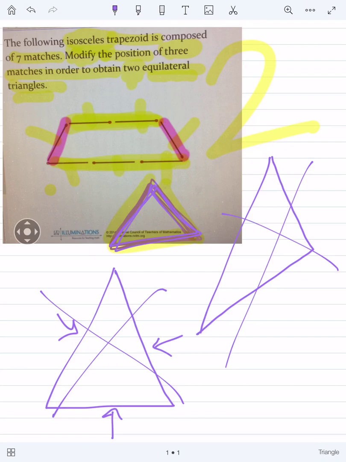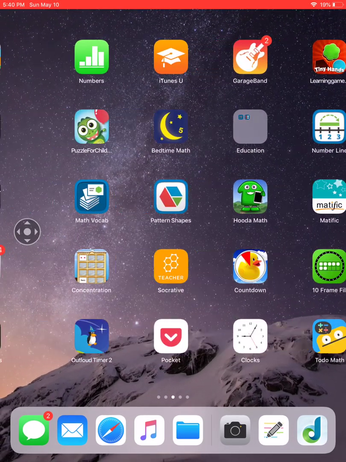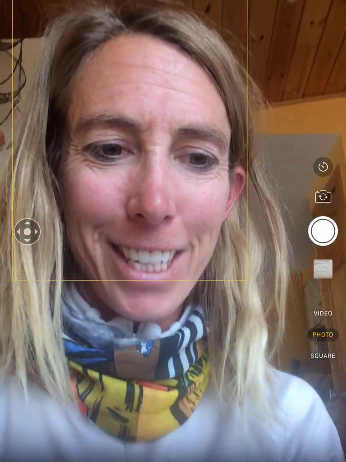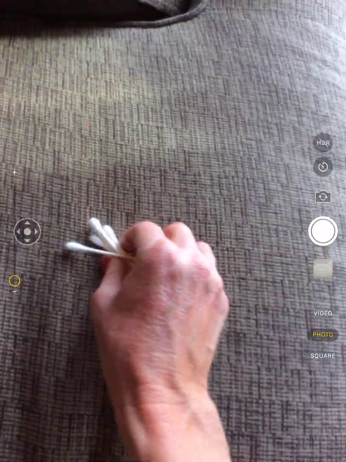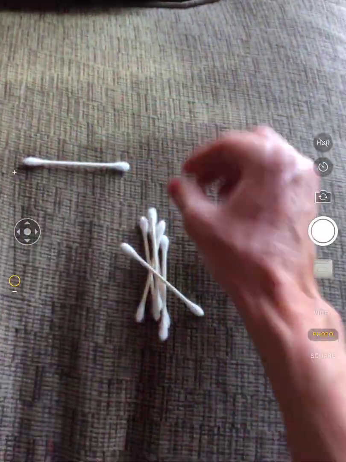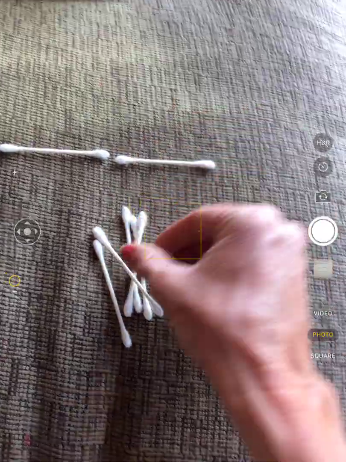It's time to take out your 7 things that are hopefully the same size. Otherwise, you're going to run into some issues. I am going to get my camera going so you can see what I'm doing. You actually need to see my Q-tips. So here you go. On the couch, I have my 7. I'm going to set up the puzzle the way we saw it on the screen.